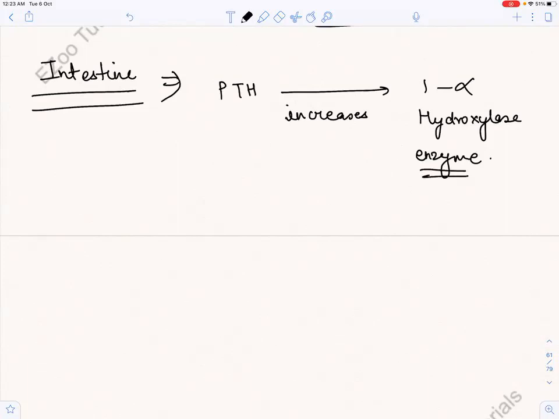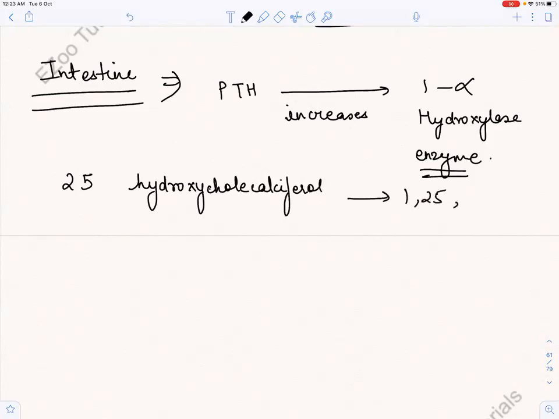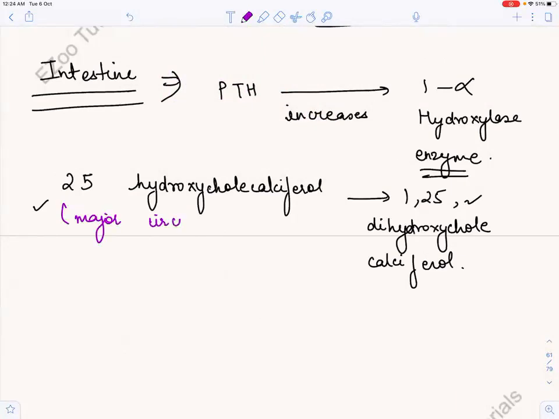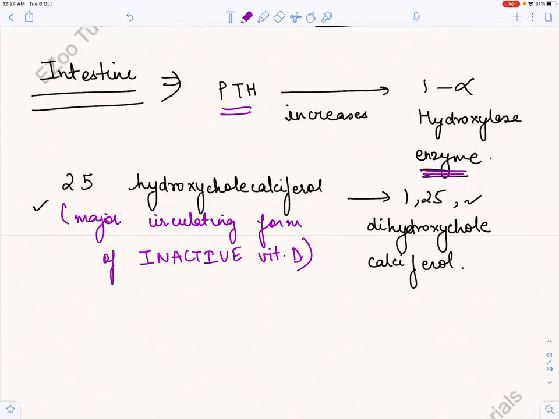This enzyme is changing the 25 hydroxy cholecalciferol to 1,25 dihydroxy cholecalciferol, right? 25 hydroxy cholecalciferol is the major circulating form of inactive vitamin D. So PTH increased the activity of the 1-alpha hydroxylase enzyme, which is doing this reaction.